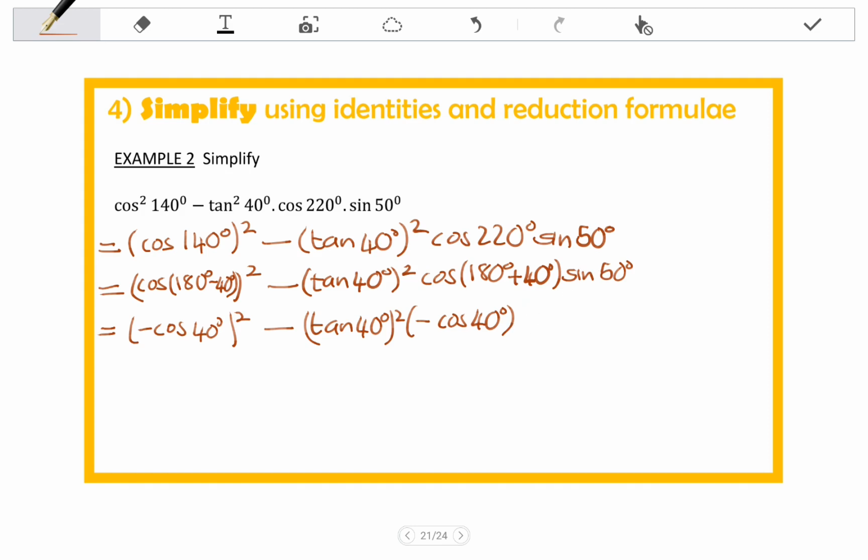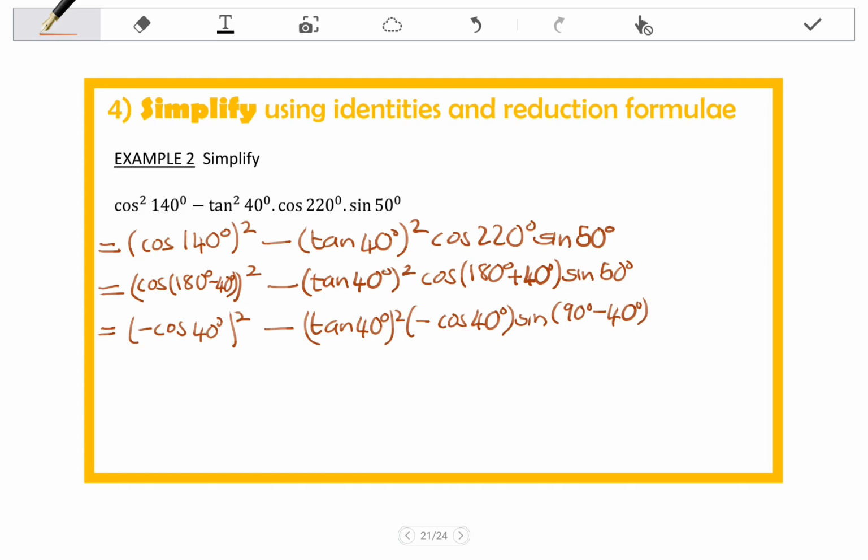Now, what I am seeing is that if I were to change this to its co-function, which would take me to cos 40, then I would have cos 40 times cos 40, which is cos 40 squared, which, if I were to write the tan as sine over cos, I would actually be able to cancel the cos. So what I'm going to do is change this sine 50 to its co-ratio.